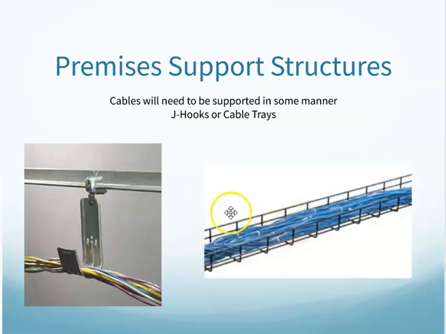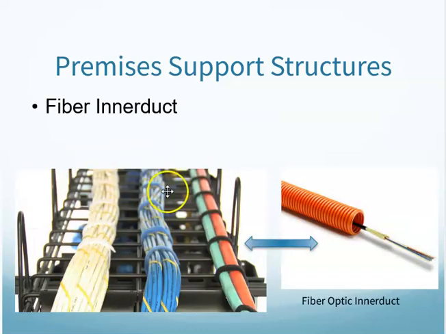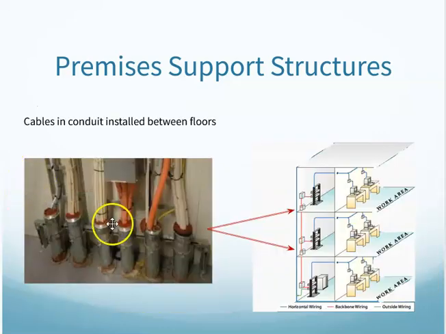So we're talking cable trays, J-hooks for supporting cabling. We might need to put in interduct in the cable trays for the fiber optic. You might even need to do conduits between floors. We might actually be drilling through the floor here, putting a conduit in, fire stop kind of deal, eventually once you pull the cable through between the floors, between your closets.